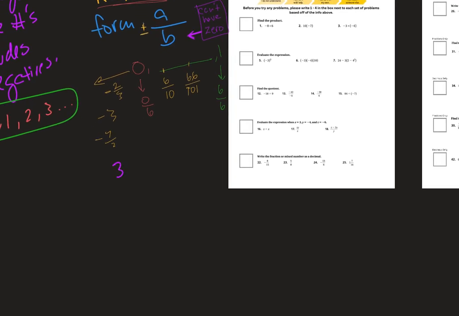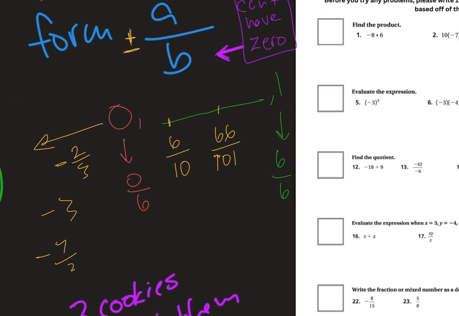Because it would be like saying, hey, I have 3 cookies, and I'm going to divide them among people who don't exist. In fact, I don't exist. So how can I divide 3 cookies by not existing? That's kind of a wild question, right? That's what dividing by 0 does.